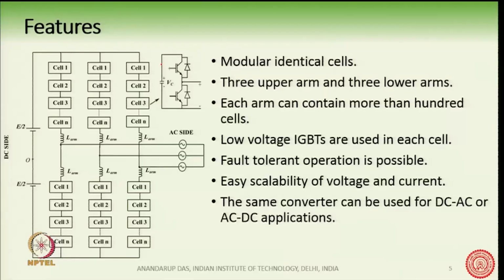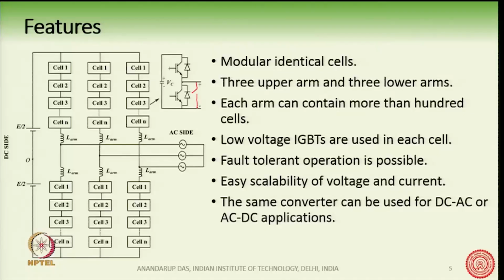So there is no need for any isolation. Each cell has its own capacitor, 2 switches, and a bypass feature, which is not shown in this particular diagram, but is present.